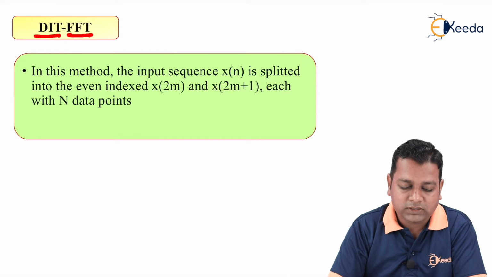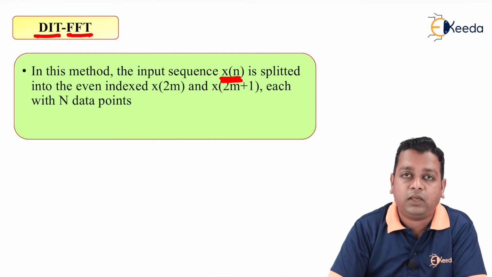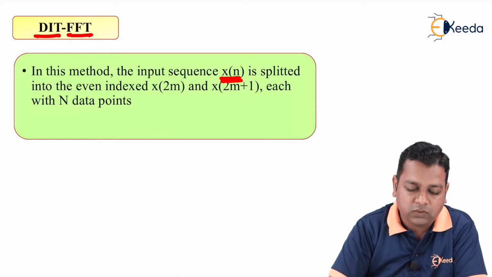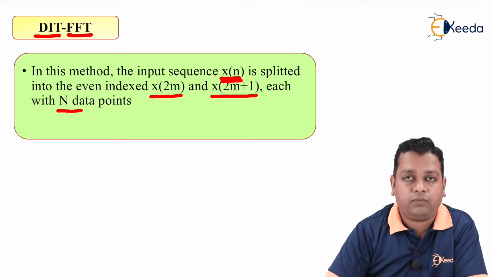Now in this regard, whatever input sequence we provide, represented as x of n, is to be split into the even indexed x of 2m and the odd indexed x of 2m plus 1, each with N by 2 data points.